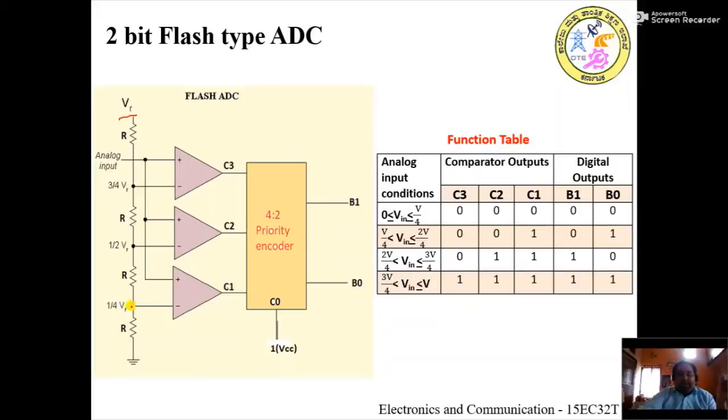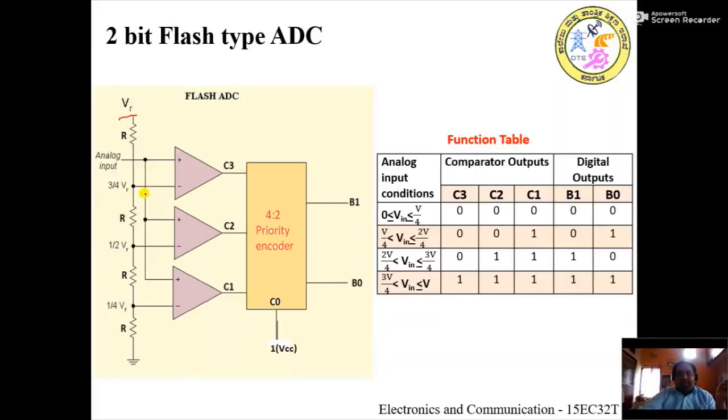The voltage at this node would be VR by 4, here it would be 2VR by 4 or VR by 2, and here the reference voltage for the first one will be 3VR by 4. With these 3 nodes, the voltages at these nodes are used as the reference voltages for these three comparators.